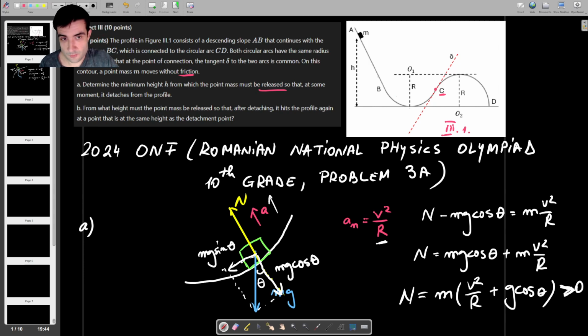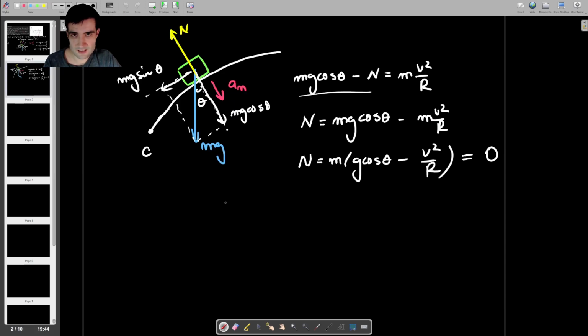Now, if this object is released from a height that's not big enough, so if we release the object from, let's say, from here, it may not detach at all because it won't be able to catch enough speed, because it's the speed that decides whether this will detach or not. Because if you look at this equation, you have g cos theta, and g cos theta is constant for a given angle.